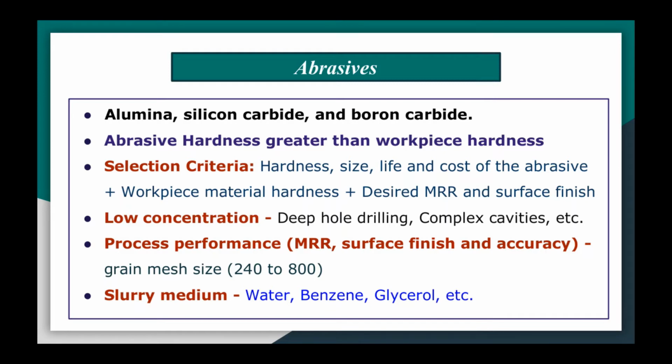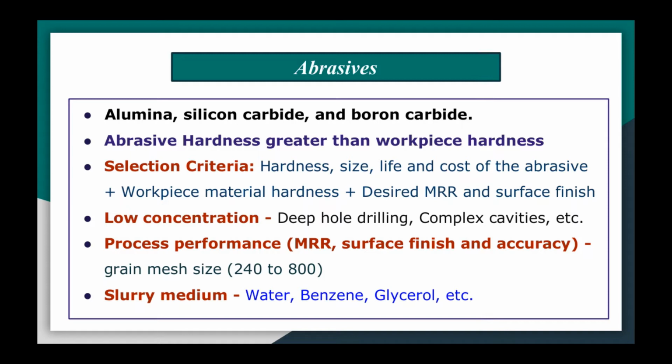Now the selection criteria for the abrasives. While selecting the abrasives, the following points should be taken care of. We should consider the hardness, size, life, and cost of the abrasives.